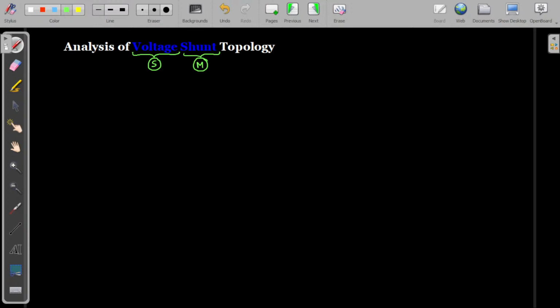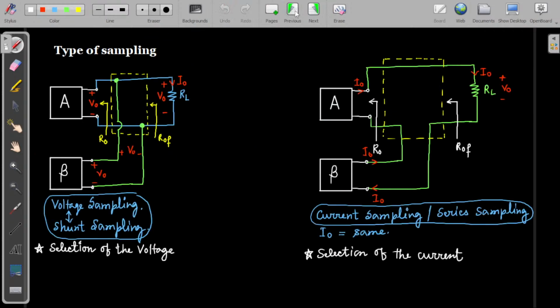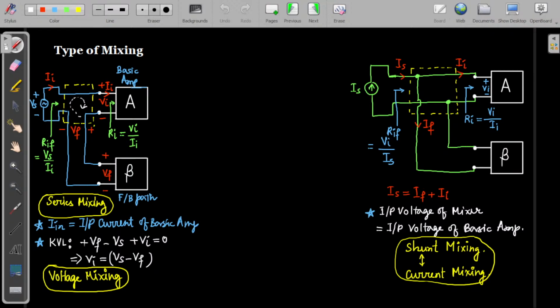So the first point is that we have voltage sampling plus shunt mixing. If you remember, in shunt mixing we mix the current.